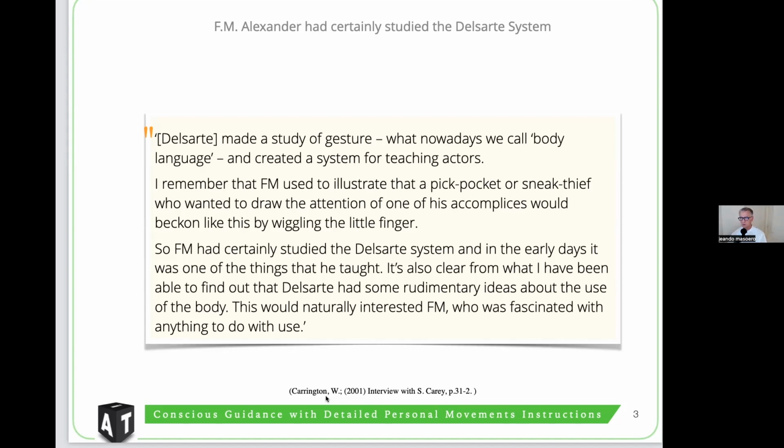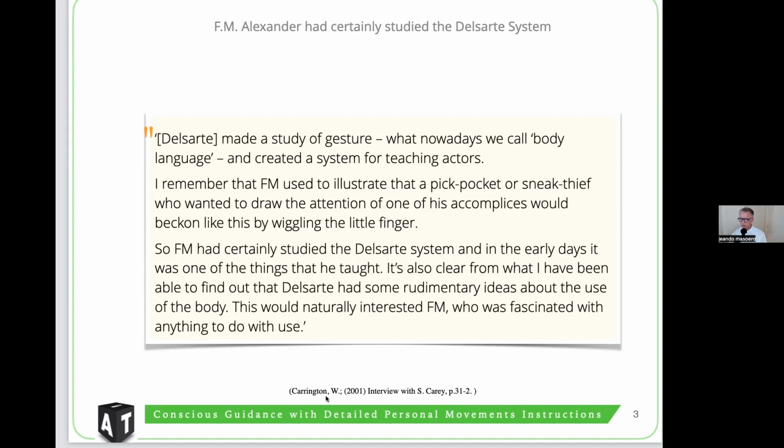This is absolutely correct. Then Walter says, I remember that FM used to illustrate that a pickpocket or a sneak thief who wanted to draw the attention of one of his accomplices would beckon like this by wiggling the little finger. So are we to understand that wiggling the little finger is a gesture that was taught in the Delsarte system? I don't know. It seems unrelated to me.